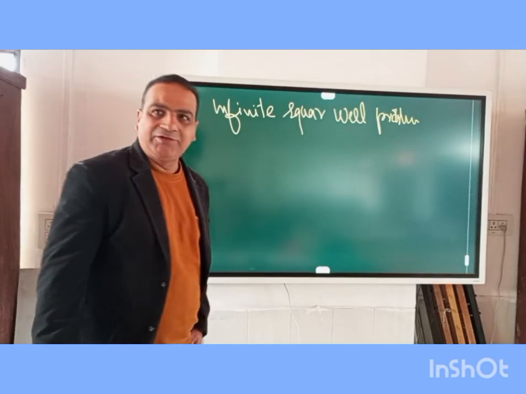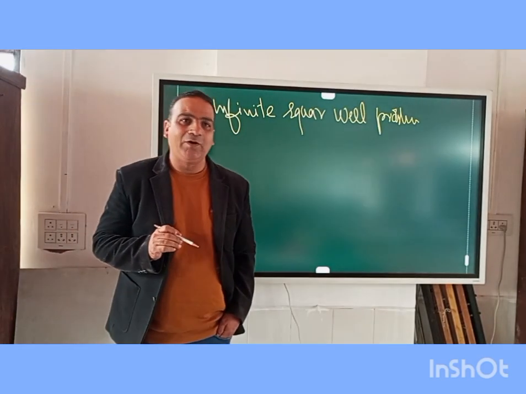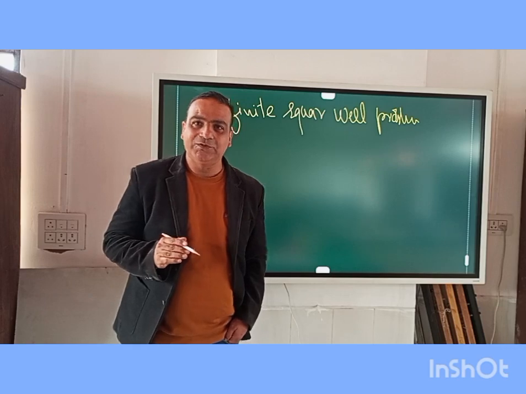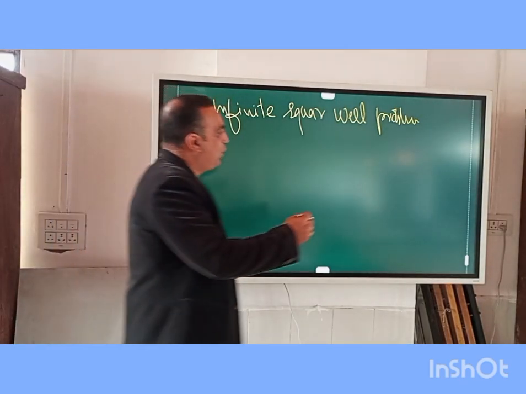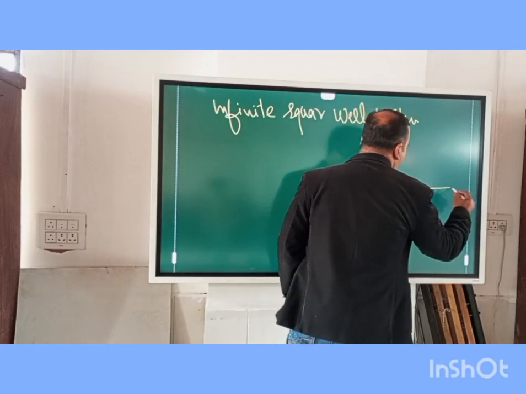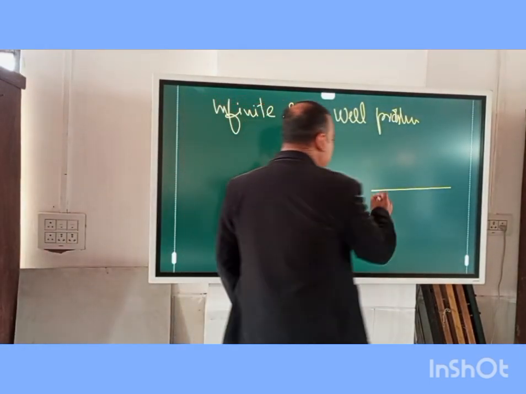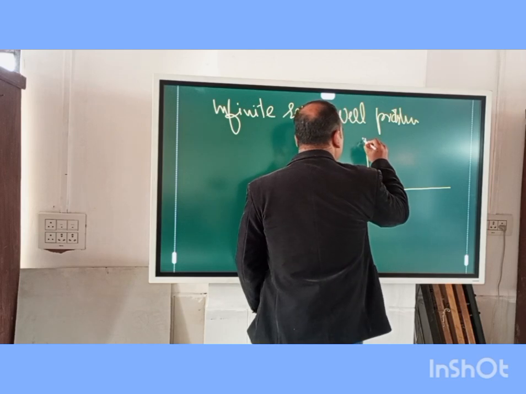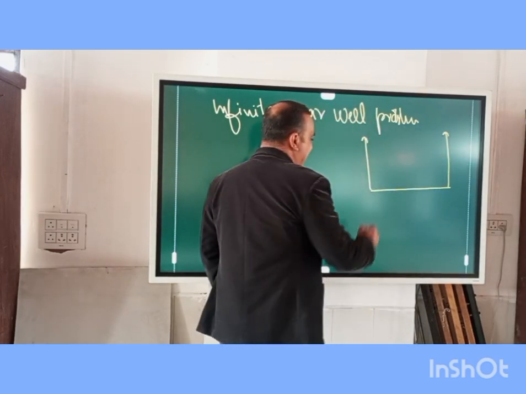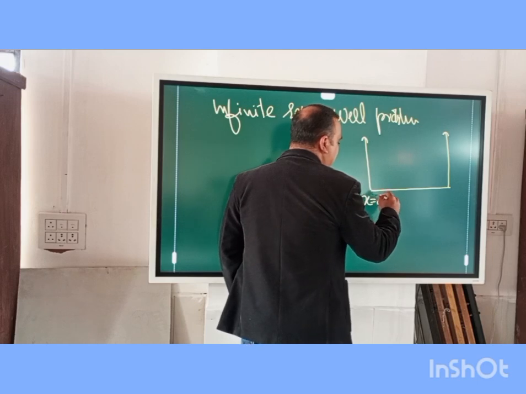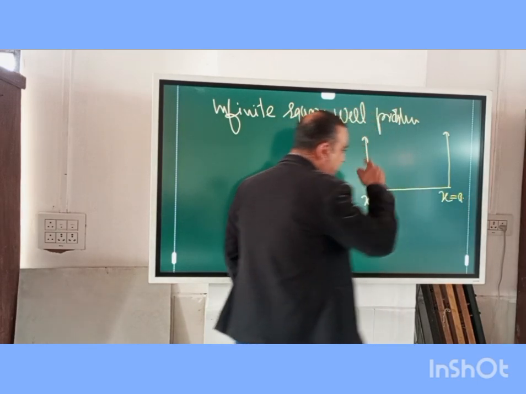So we have actually done this part in modern physics in the previous course, but here we'll take it as a direct extension. So we choose a one-dimensional system, right? In this one-dimensional system, you have a particle between x equal to 0 and x equal to say a.